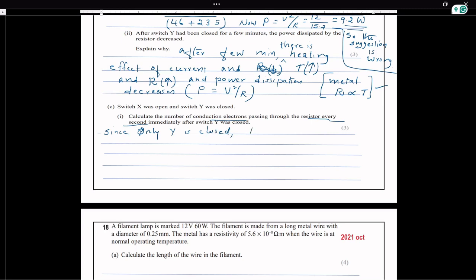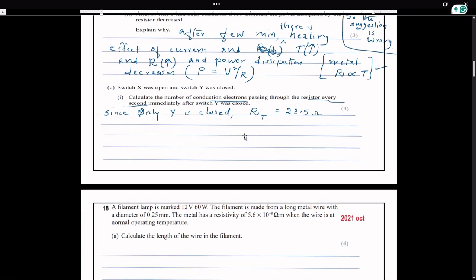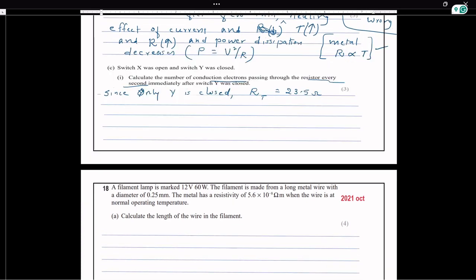The total resistance of the circuit is 23.5 ohms. Therefore, we can calculate the current. The current equals the battery voltage 12 over the resistance 23.5, which gives a value of 0.51 amps. This is the circuit current flow.